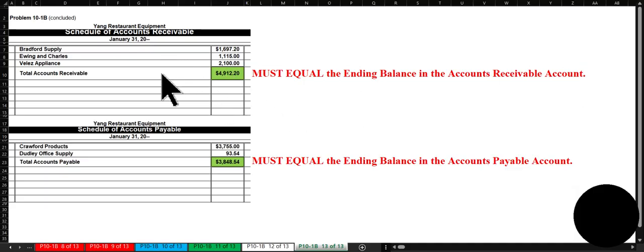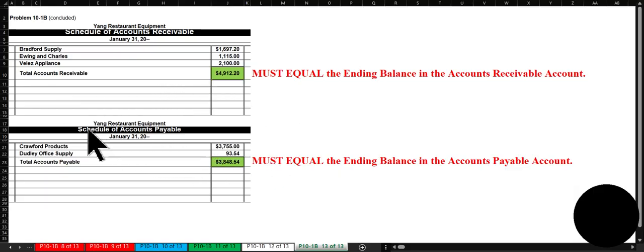If it's not, we have a problem. It needs to be resolved. It could be a clerical error, a mathematical error, whatever the case might be, it needs to be resolved. And that's the control feature of the subsidiary ledger and the control account in the general ledger.